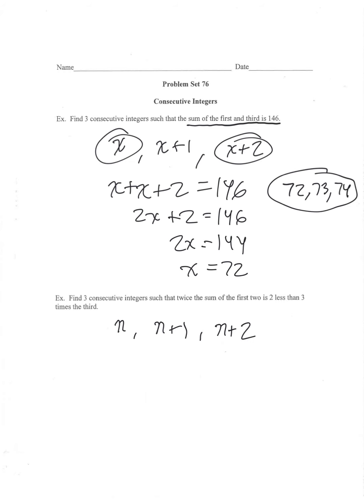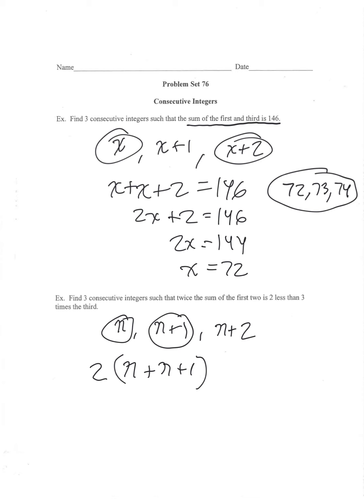And it says twice the sum of the first two. All right, well, the first two are right here, n and n plus 1. Twice the sum. Well, the sum of these two would be n plus n plus 1. To get twice of that, after I add them, I multiply them by 2. It's important that I have the parentheses on there because I want the multiplication to come after I add them.